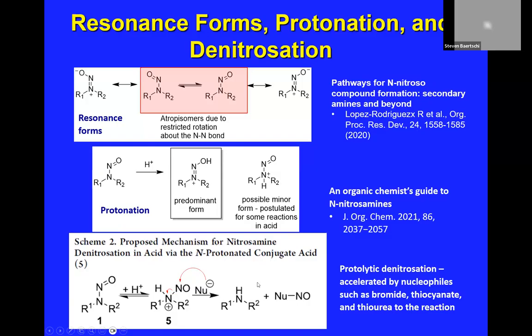You can see down at the bottom here in scheme 2, they talk about protonation of the nitrogen, which then facilitates denitrosation via attack of nucleophiles. Nucleophiles like bromide, thiocyanate, and thiourea can then denitrosate the N-nitrosamine and lead to a nucleophile attached to a nitroso compound. So the protonation states available affect the chemistry that you see for N-nitrosamines and the denitrosation potential.